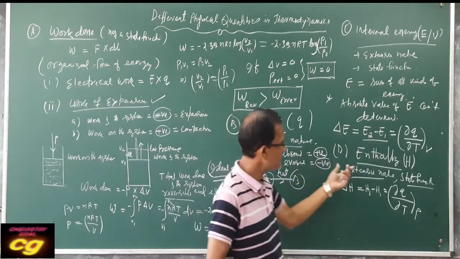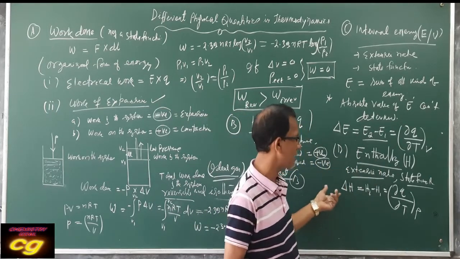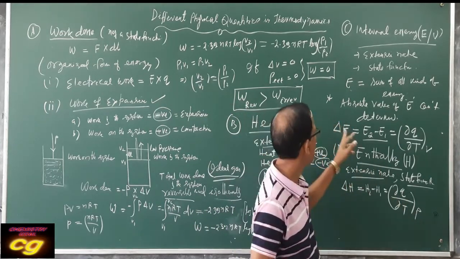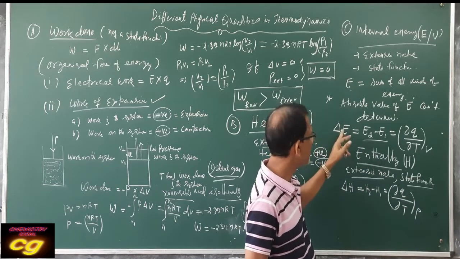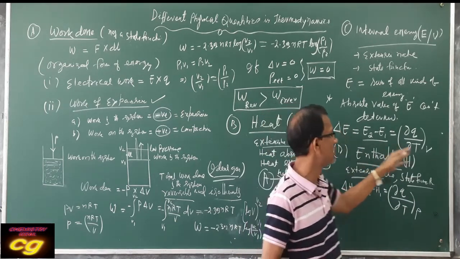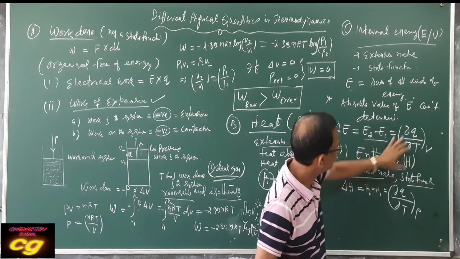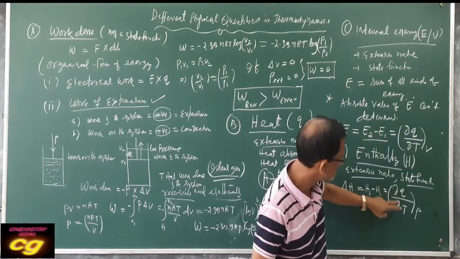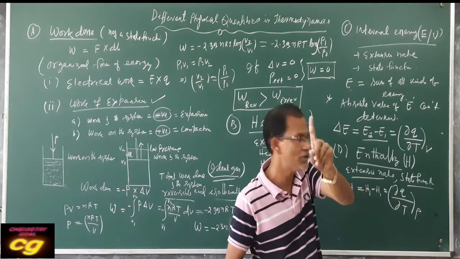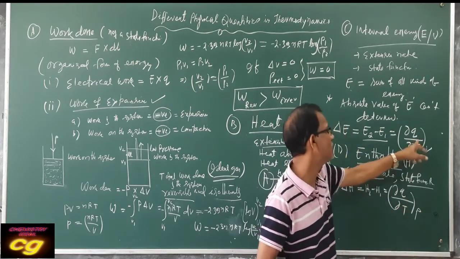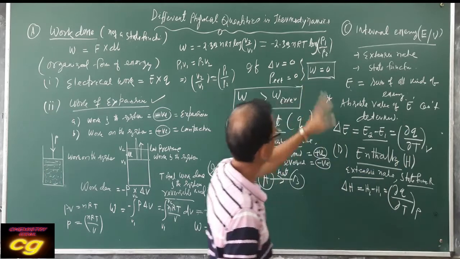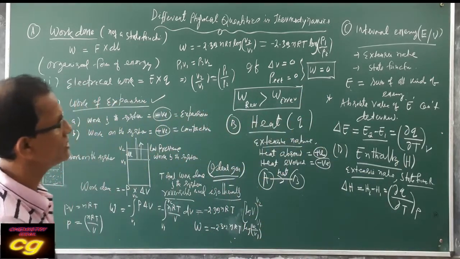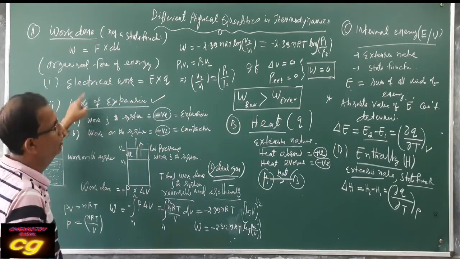So enthalpy change is determined at constant pressure, and internal energy change can be calculated at constant volume. Both are related to heat change for a degree temperature change, but the condition is constant pressure. So this is internal energy, enthalpy, work done, heat.